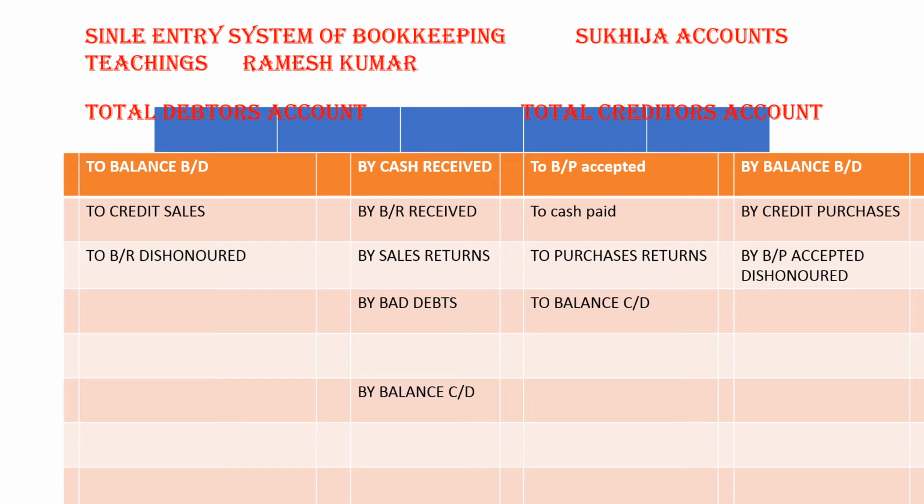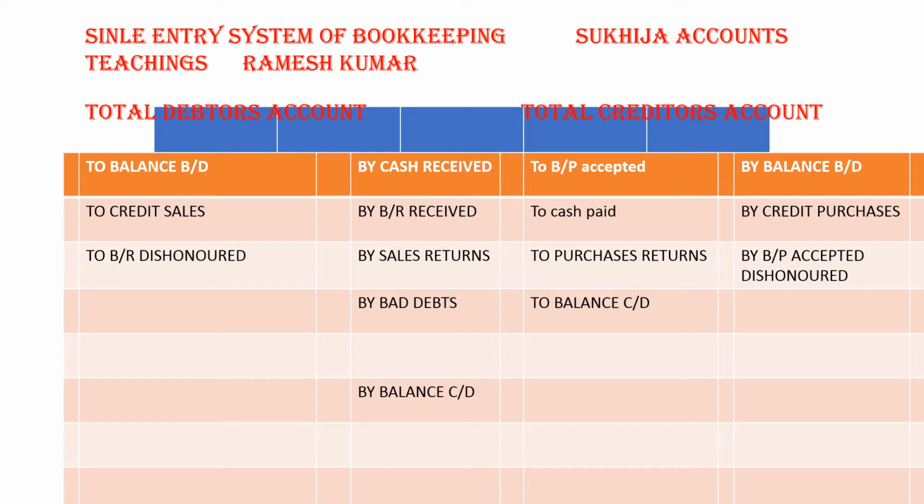Then on credit side, we will write what decrease the debtors: by cash received, by BR received, by sales returns, if the credit sales have been returned by the debtors, by bad debts, if there had been any bad debts during the year.